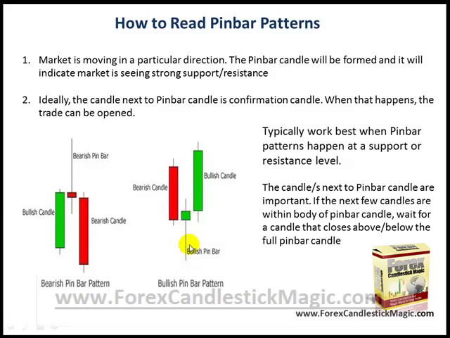If that happens, and after some time a confirmation candle comes, then still the trade can be opened. But the problem will be if, for example, in this particular scenario, the candle opens here and goes like this, which is outside the body of the pin bar candle. When that happens, the pin bar has to be rejected. It means that the market has rejected this pin bar, and this pin bar should be ignored.